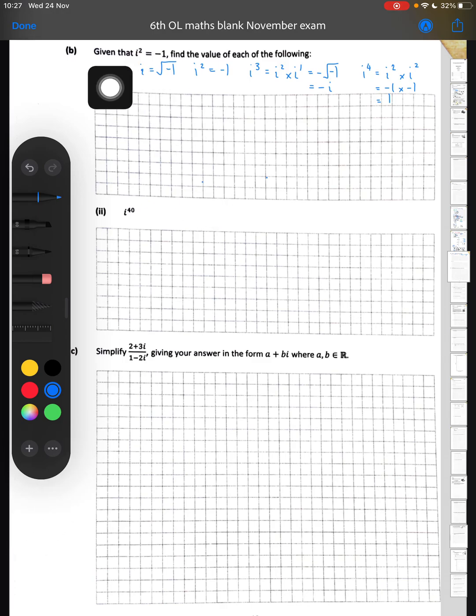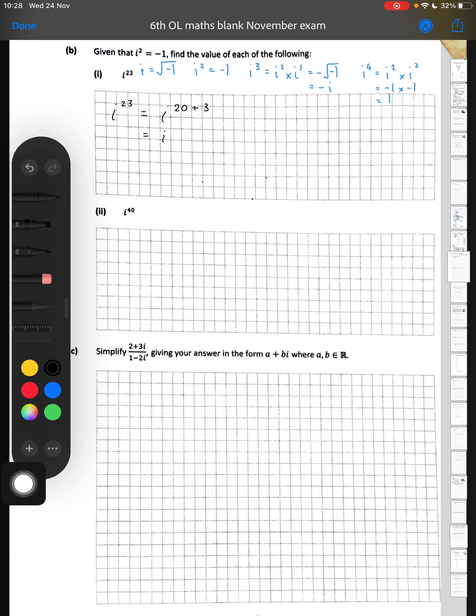So I'm going to try and write this in terms of i to the power of 4 as much as possible. So I know that i to the power of 23 is the same as i to the power of 20 plus 3. So why have I split it into 20 here?